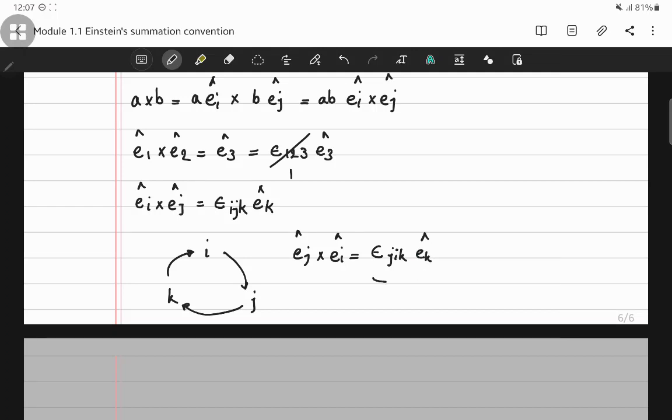And we know that this is a negative value. Why? Because we have j, i, and k, so we are moving in the opposite direction, the anti-clockwise direction, opposite of the default direction, which is the clockwise direction, which gives positive values here.